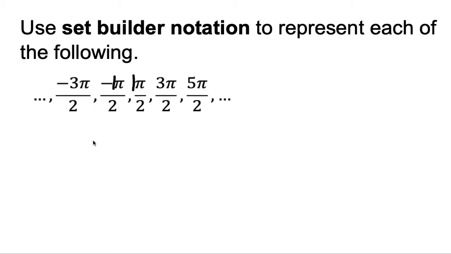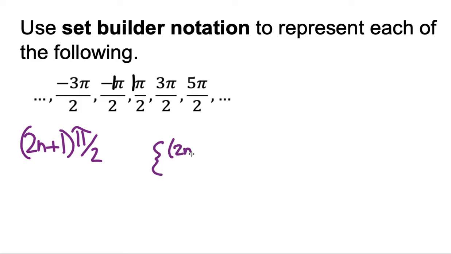So with set builder, what we notice is that we're really taking an odd number and we're multiplying it by pi over 2. In this case, we want to specify to the reader that n is an integer. So we're going to say that we have curly bracket 2n plus 1, close parentheses, pi, and that parentheses is very important, all over 2, such that n is an element of the integers.